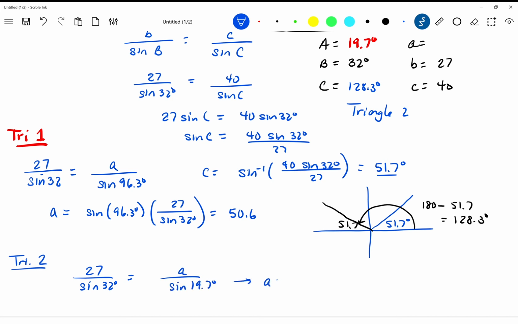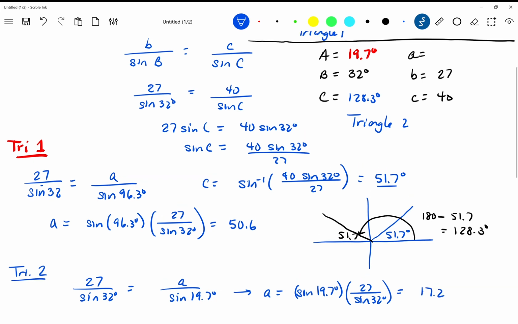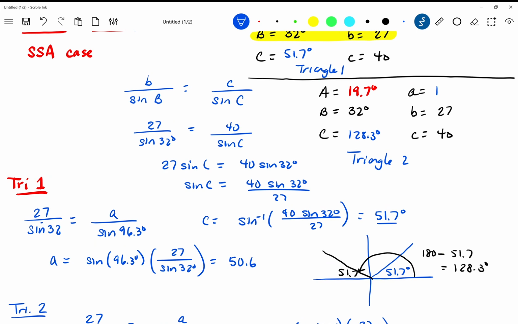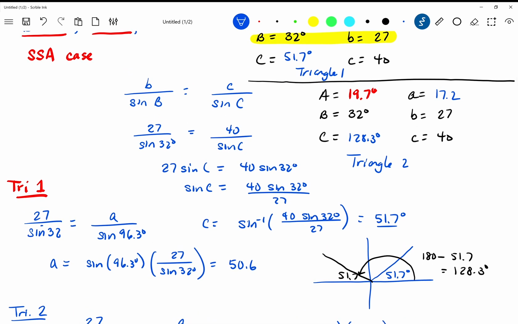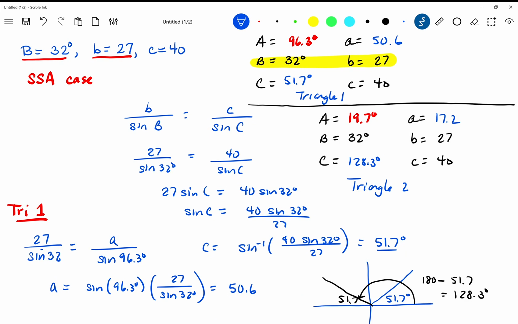That tells us that A is equal to the sine of 19.7 degrees times 27 over sine 32 degrees, and that should give us 17.2. So there we have our two possible triangles: the lengths and the angles of the two possible triangles from that given information.